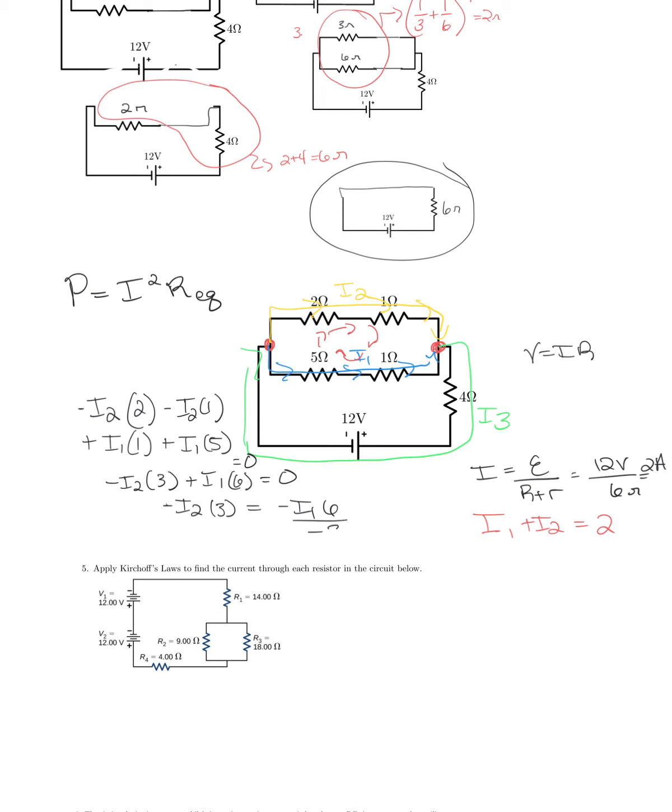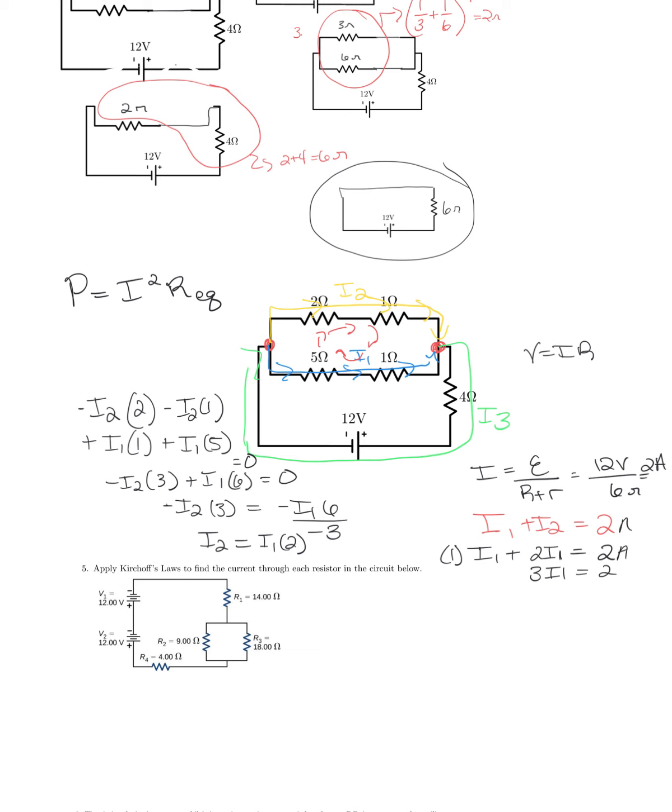Then we divide by negative 3, so now we know that I2 equals twice I1. So we'll plug that in here. We have 1 I1, this one stays the same, there's an invisible 1 right there. For this I2, we'll sub in 2 times I1, because that is what we solved for. Then we know that they have to sum to 2. So we have 3 times I1 equals 2 amps.